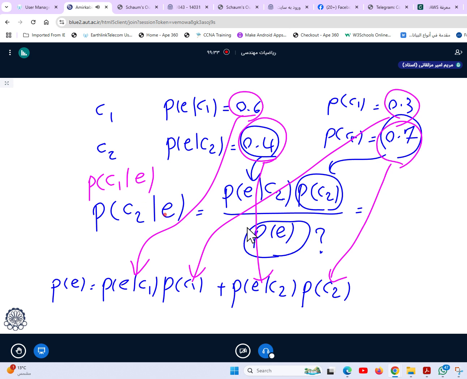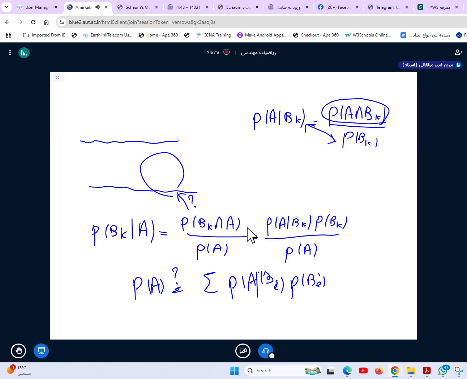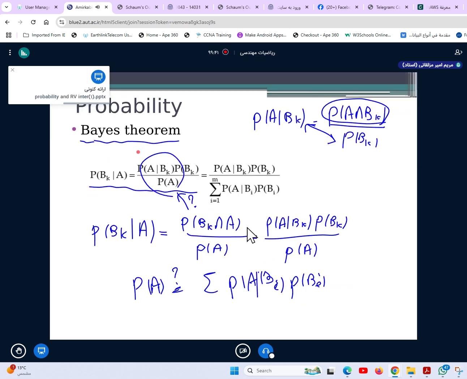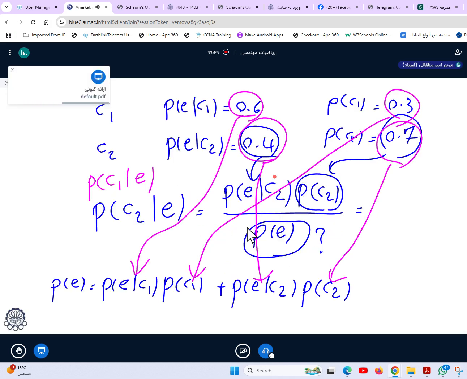In such a situation, we should think of Bayes' theorem. What's Bayes' theorem? We introduced it in this formula, so we use this formula. We rewrite Bayes' formula for this problem. It's equal to the probability of error given class 2 times the probability of class 2, over this denominator.